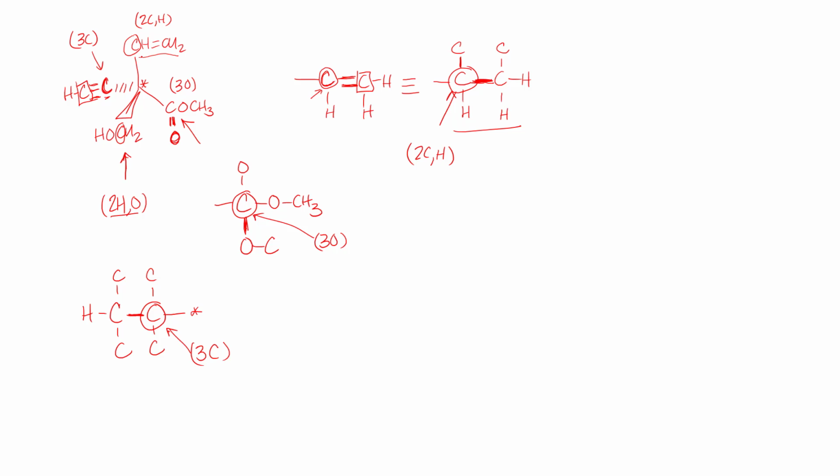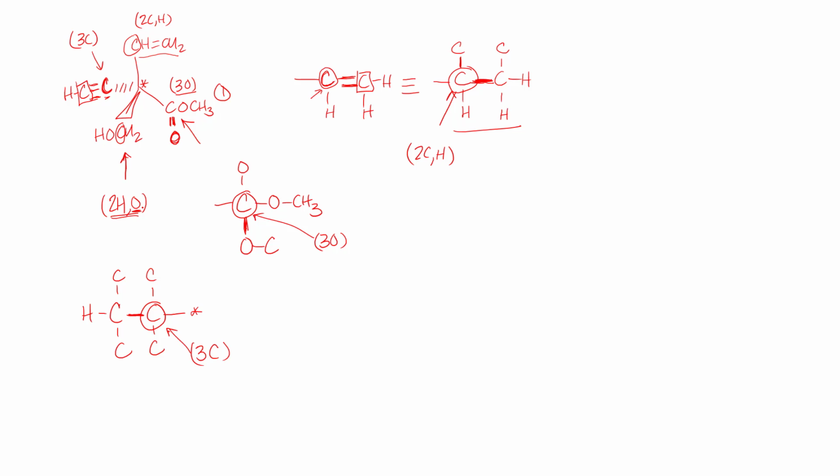So in terms of priorities, the groups with the oxygen have a higher priority than the groups without. In this case, 2 H's and an O is not beating 3 O's, so 3 O's would be number 1.